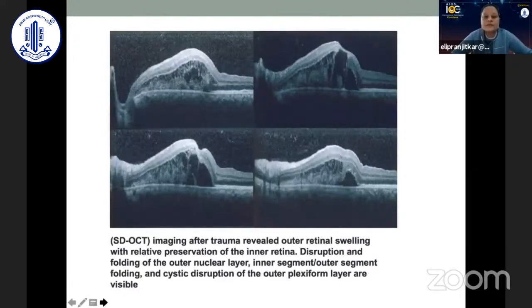So this is the spectral domain OCT imaging after trauma. This is the outer retinal layer swelling with preservation of the inner layer, disruption of the outer nuclear layer and inner and outer segment, with cystic disruption at the outer plexiform layer.